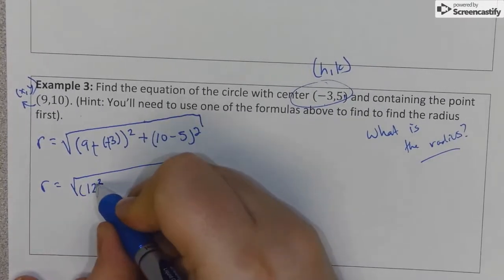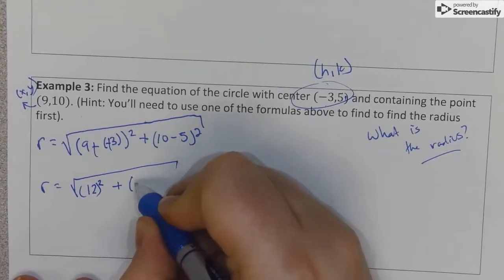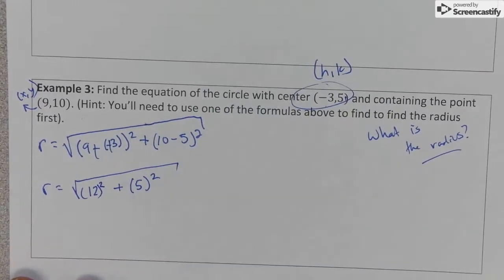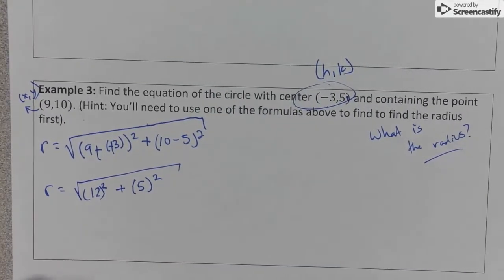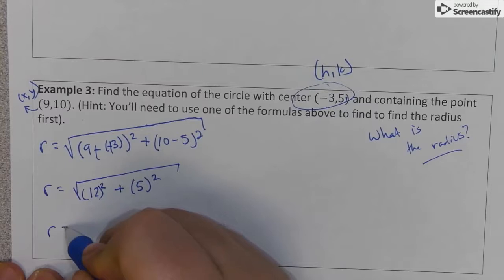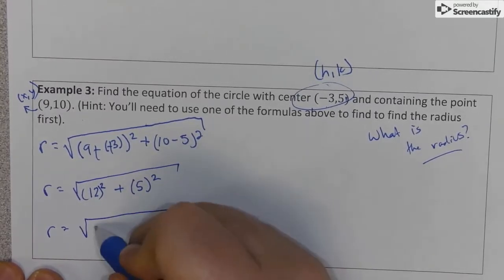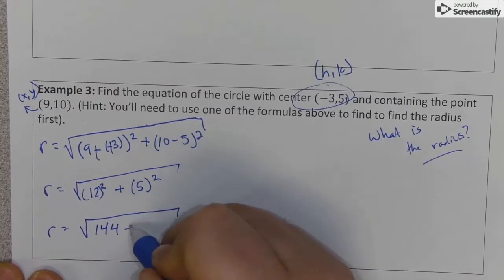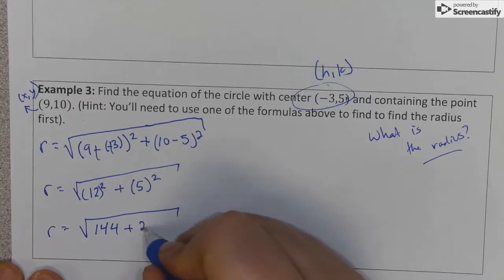So that would be 12 squared plus 10 minus 5 is 5. So you have 12 squared plus 5 squared, in which you could do that. 12 squared is 144. So r is the square root of 144 plus 5 squared is 25.